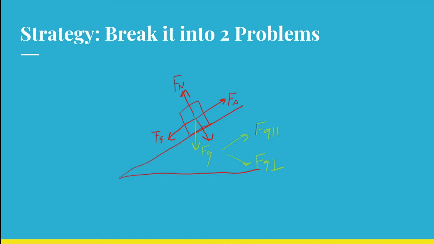The force of gravity in the parallel direction will be the portion of gravity that points down the ramp. And the force of gravity in the perpendicular direction is the portion of gravity that points into the ramp like that.